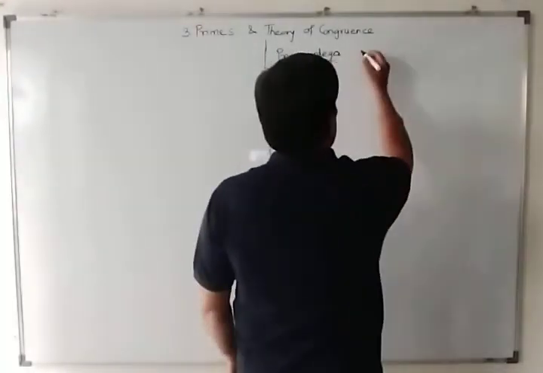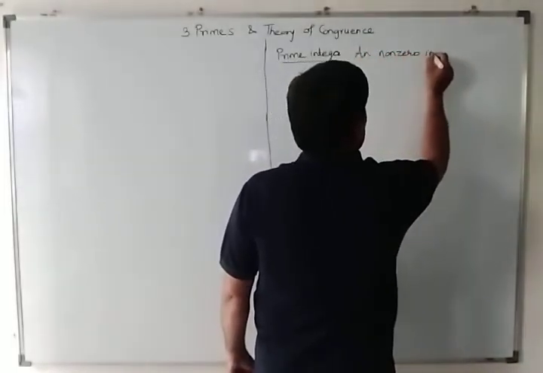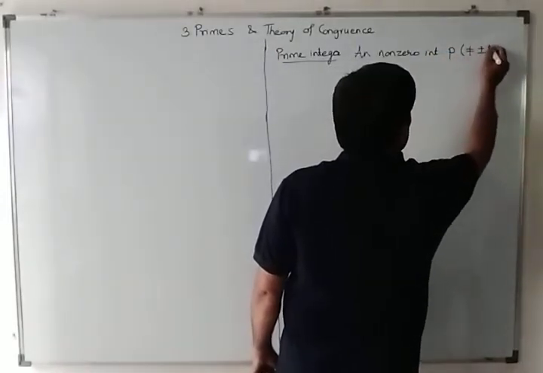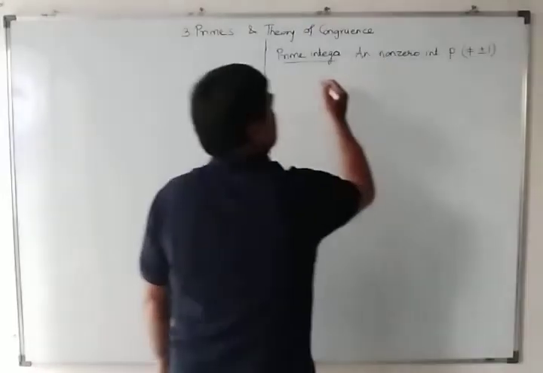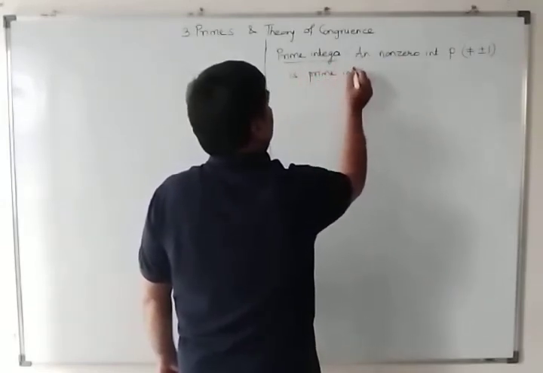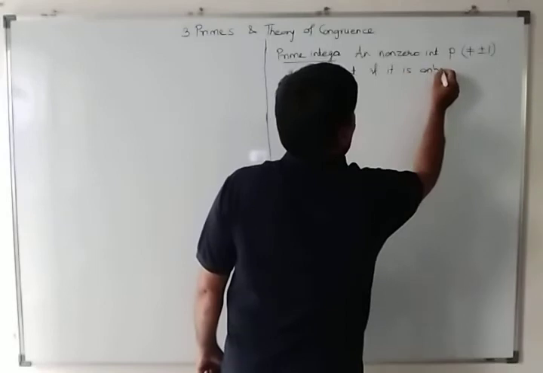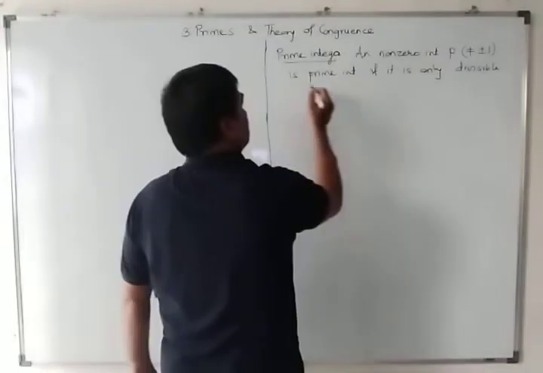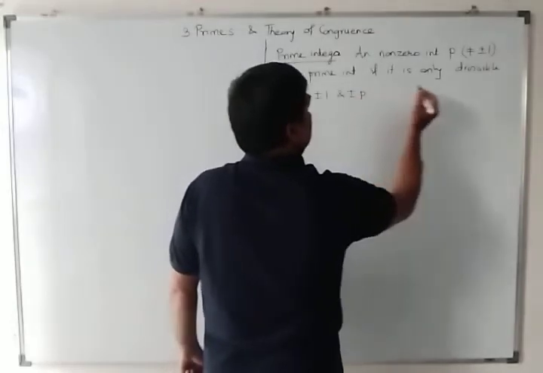So, a non-zero integer p not equal to plus minus 1 is said to be a prime integer if it is only divisible by plus 1, minus 1, plus p and minus p only.